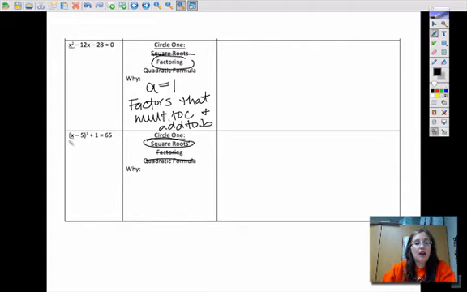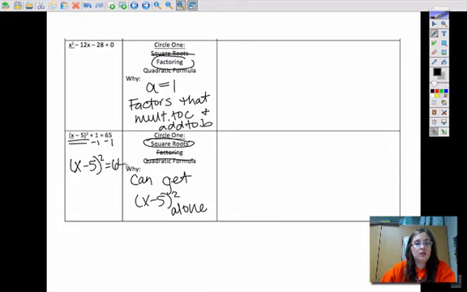And that's because I can get this part, x minus 5 squared, alone by moving the 1 over to the other side of the equation. And then from there, you just have something squared equal to 64, and you can take the square root, and you'll find a nice answer. This is true that you can get the squared term alone anytime that you have vertex form.